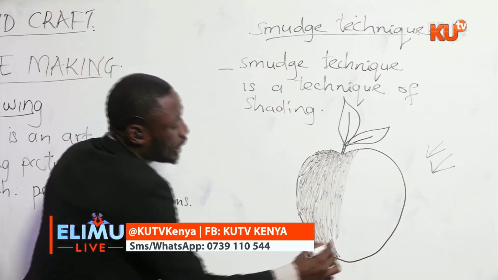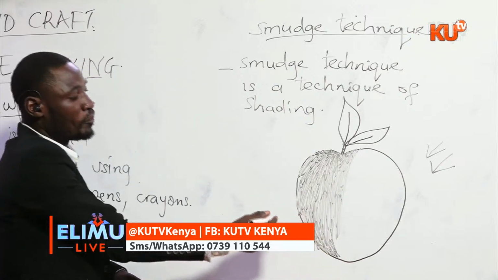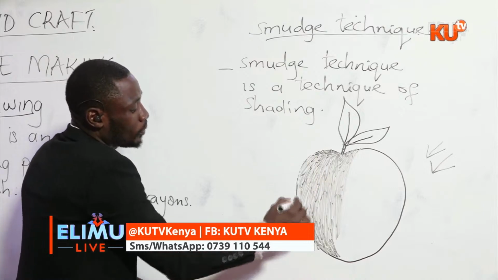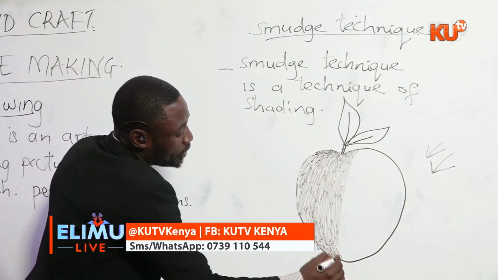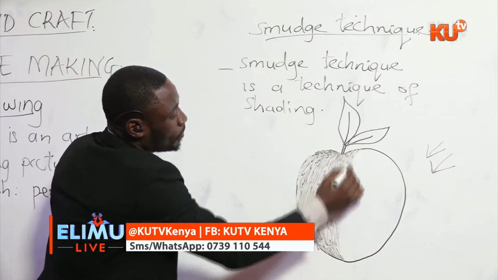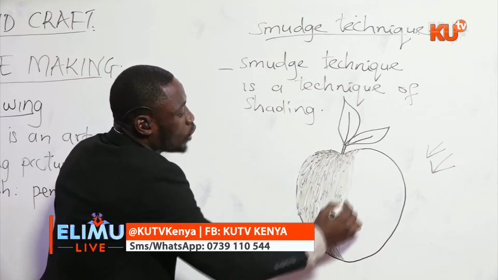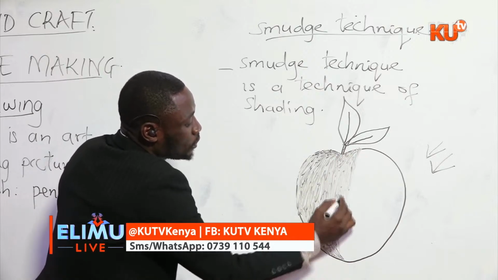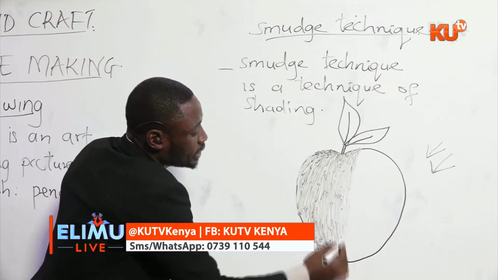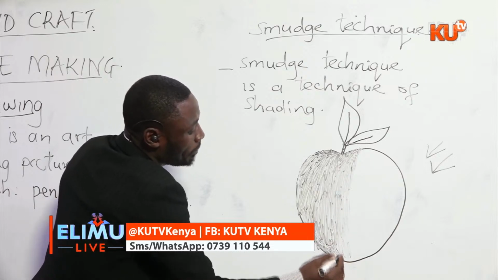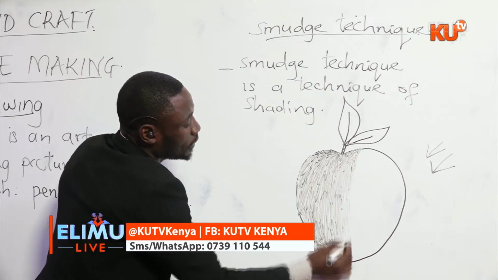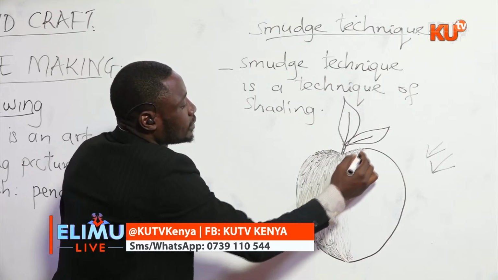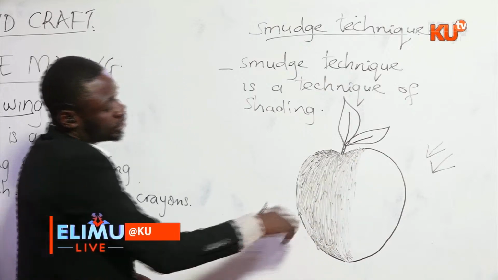So as you shade the darker part, make sure you press your pencil so that it appears darker. As you move towards the lighter side, you shade it lightly. Hold your pencil loosely so that the other side appears lighter. So this is the smudge technique.